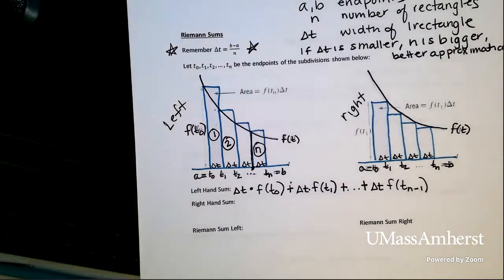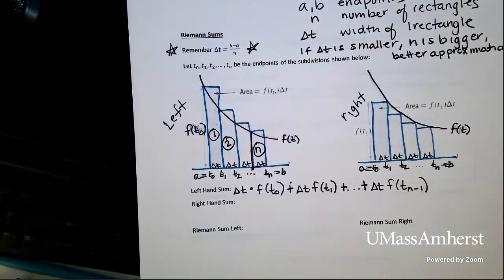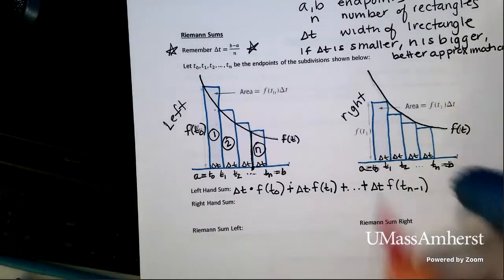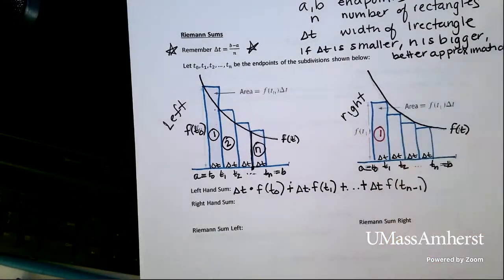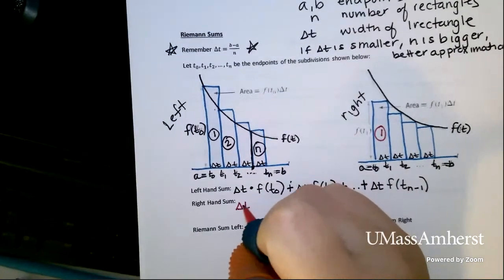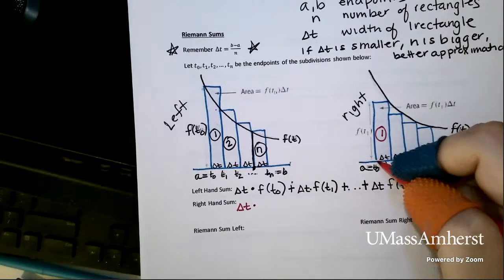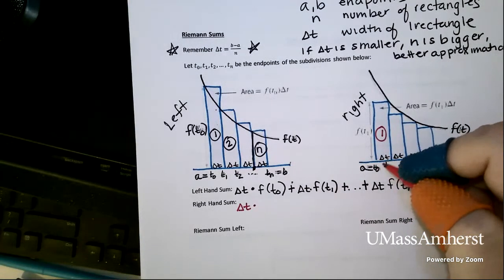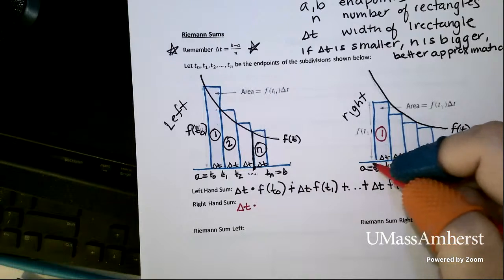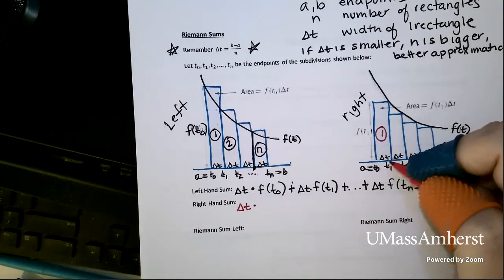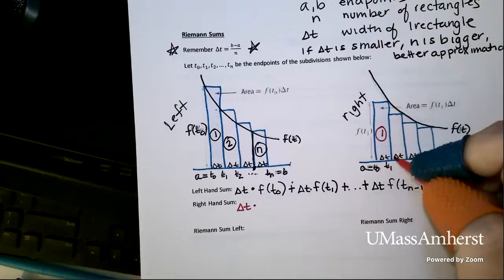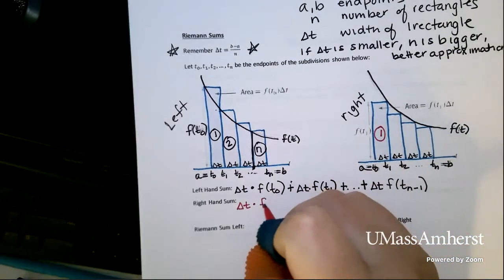If we were to do the same thing with the right-hand approximation, how would it be different? So let's do the same thing. Let's look at the first rectangle. The first rectangle is going to have a width of delta t, but now the height, instead of picking the left-hand point between the two, we're going to pick the right-hand point because it's a right-hand approximation. So the height of that first rectangle is f of t sub 1.